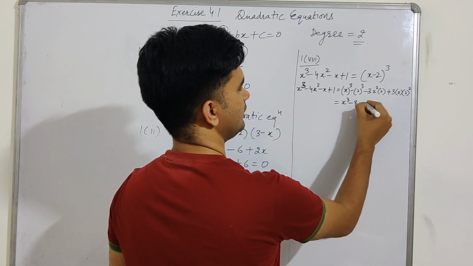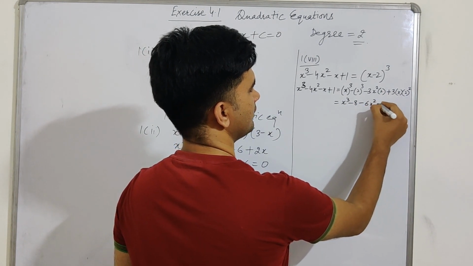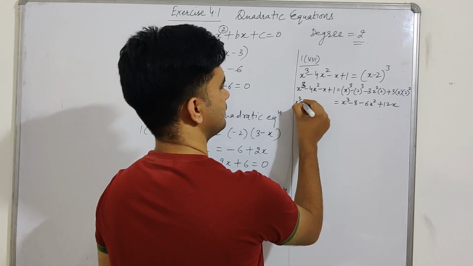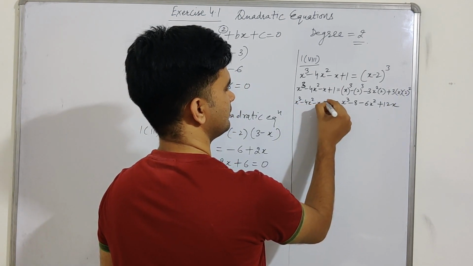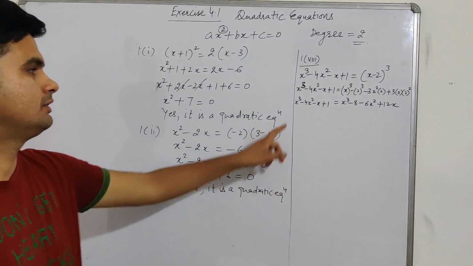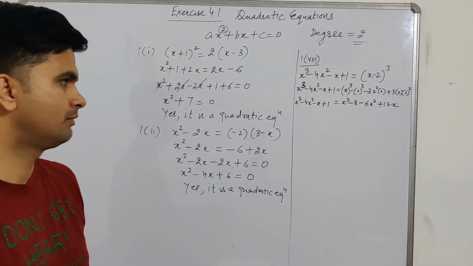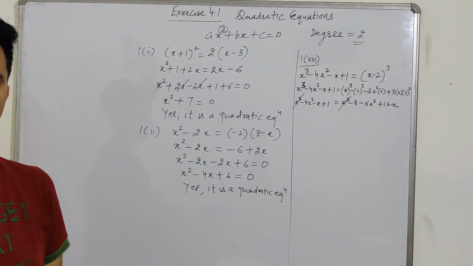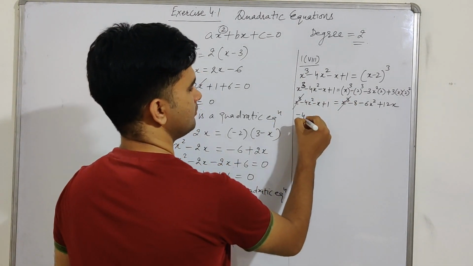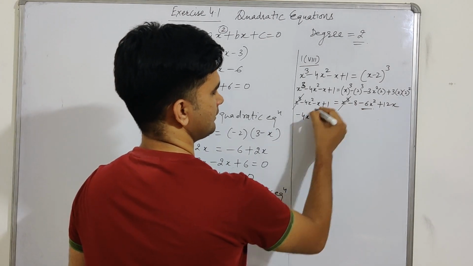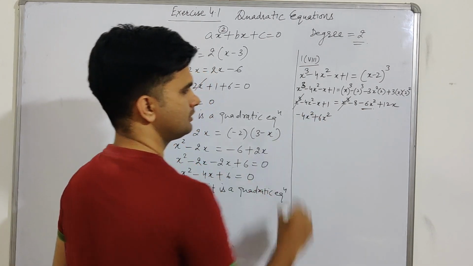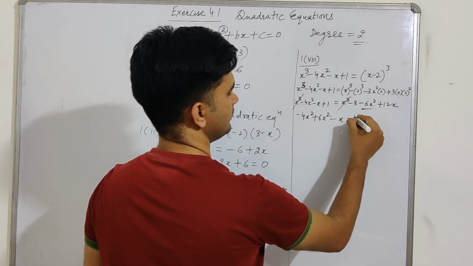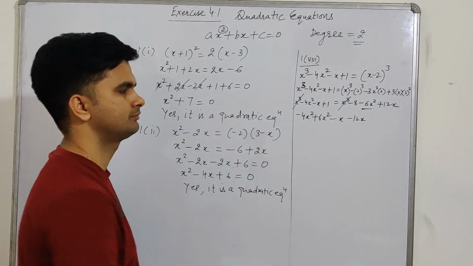x³ − 8 − 6x² + 12x. See this x³ and x³, same sign, so we can cancel these two terms. −4x², and this −6x² on the left-hand side will become positive. Then −x, take it to the left-hand side, −12x.